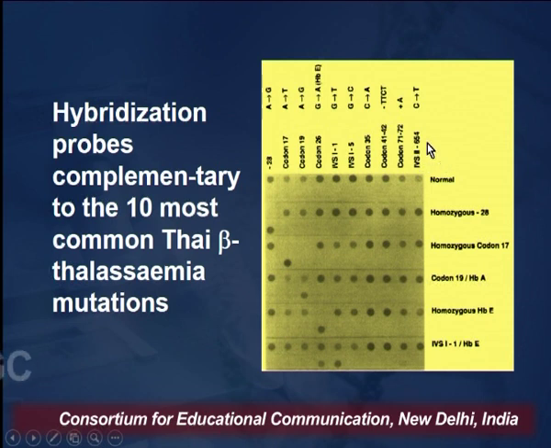All these 10 mutations are not present, and it is a normal individual, because only the normal ASO probe binds; the individual amplicon binds only to the normal DNA and not the mutated DNA.